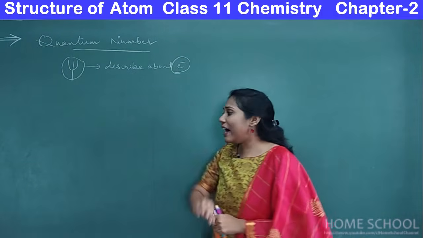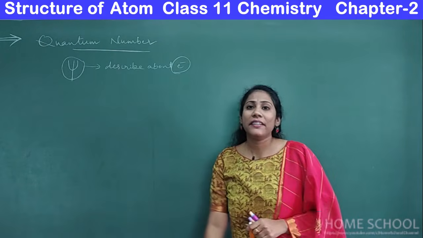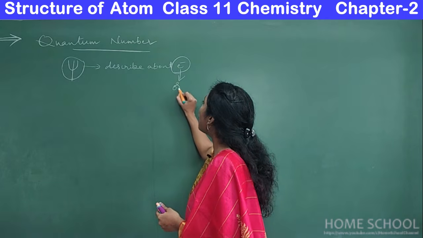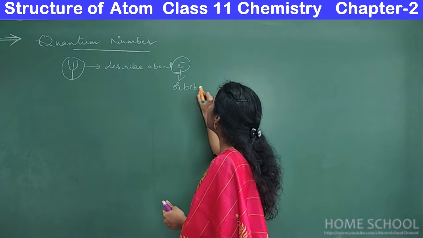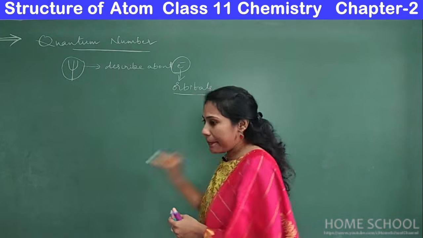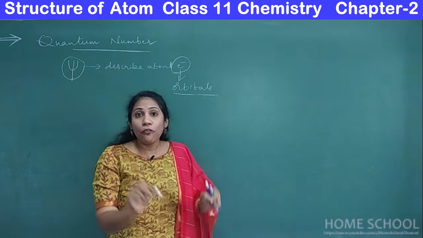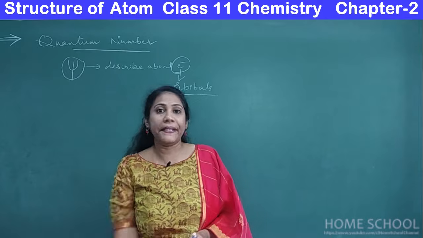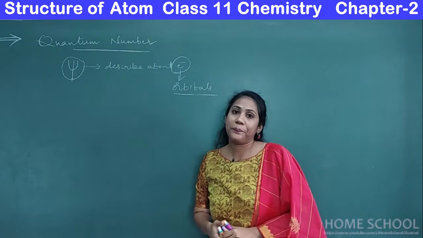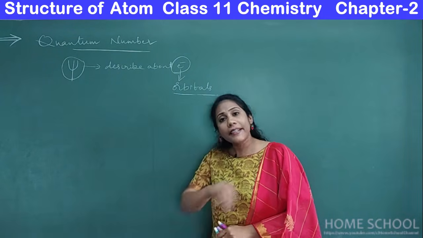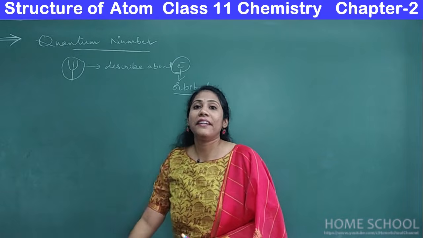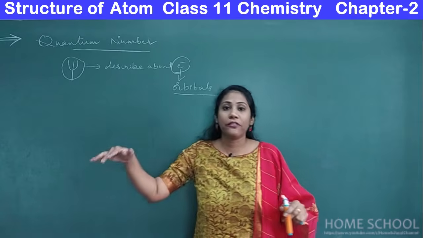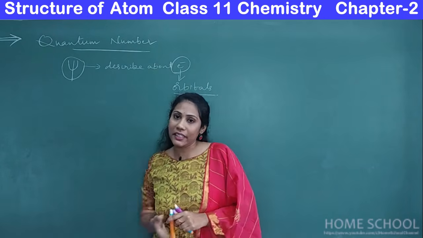And I already told you that electrons are located in so-called orbitals. So the concept of orbits, which Bohr introduced, was completely eliminated in this particular theory. It's because it is very well proved that an electron moves in the form of a wave, not as a particle.